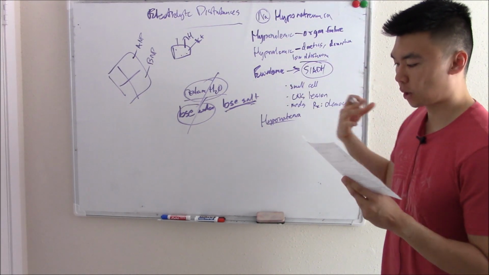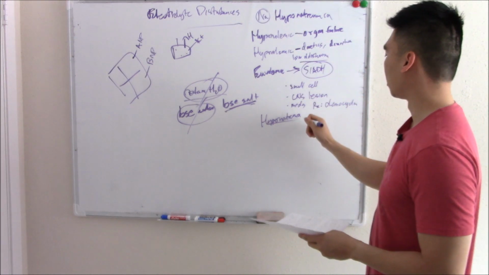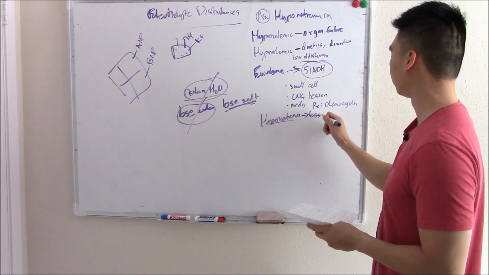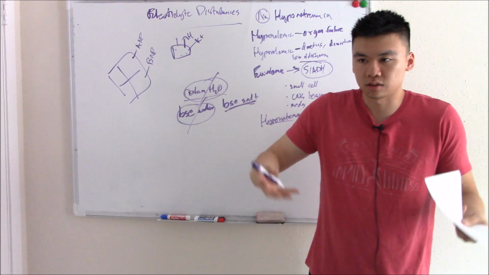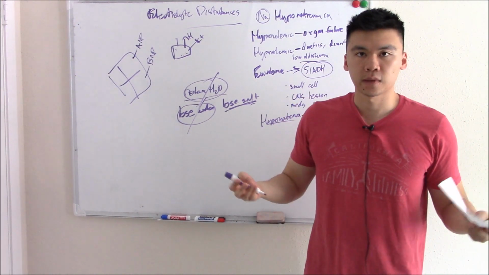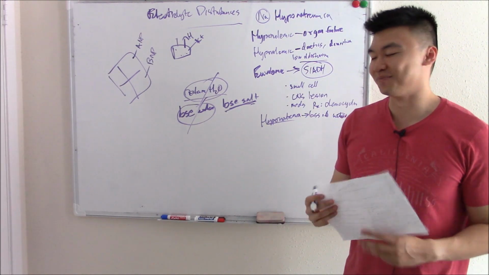Let's talk about hypernatremia. Too much salt or loss of water. If you lose that water, then you kind of get dry and all that salt kind of builds up, yeah? So here, ADH rears its ugly head again.